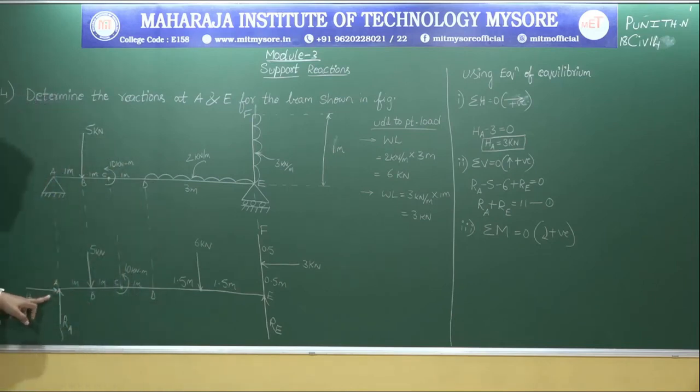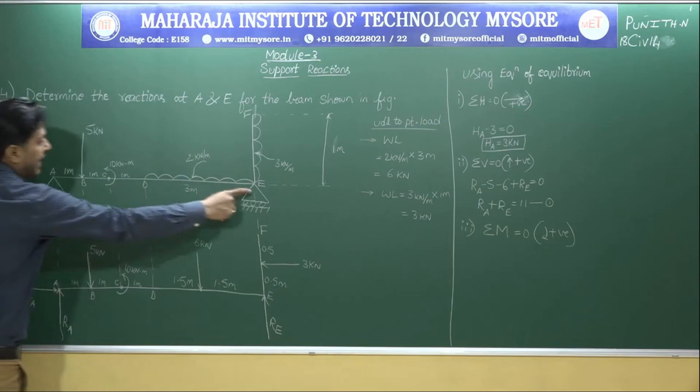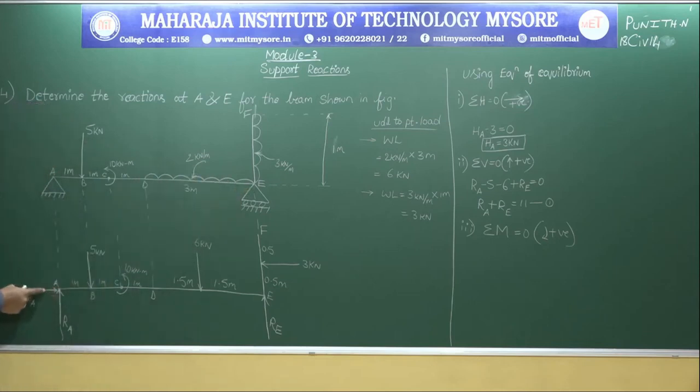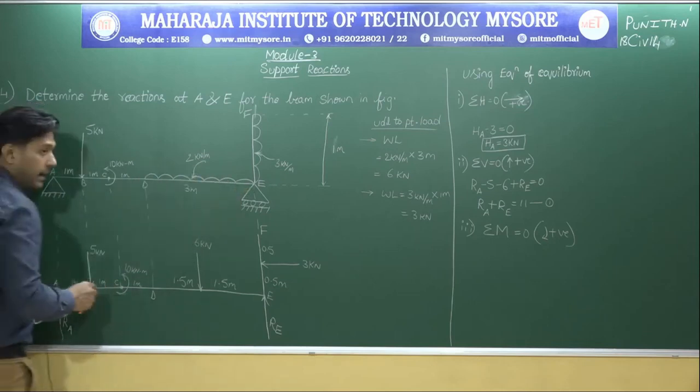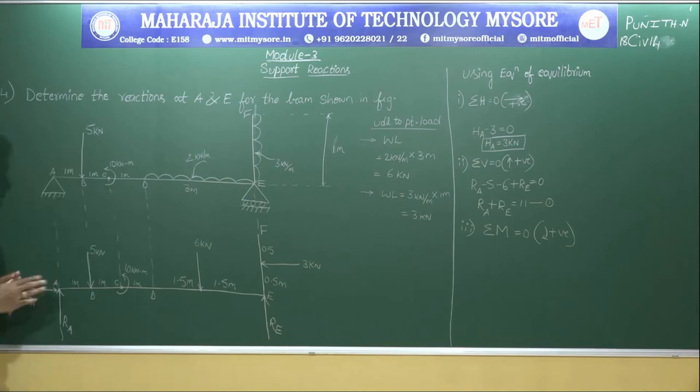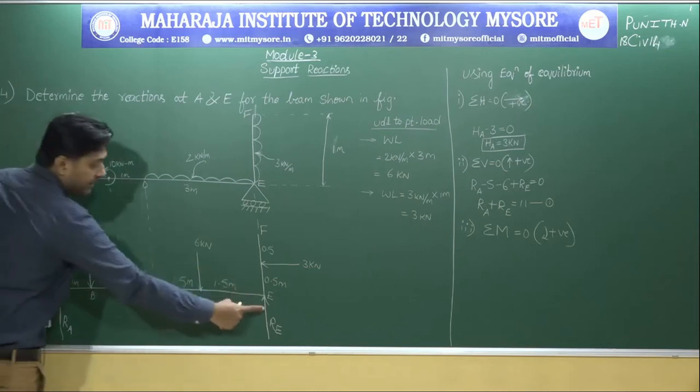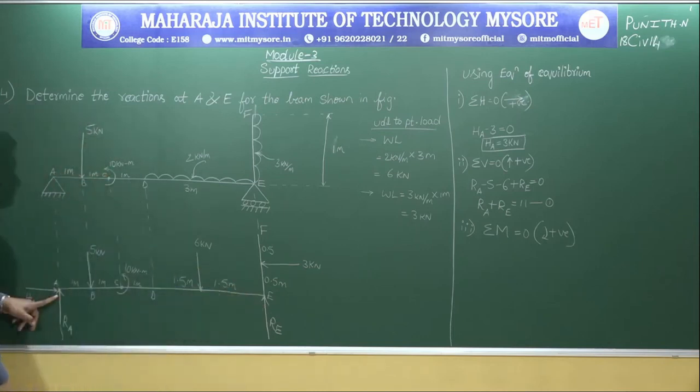As per the diagram, there are only 2 supports, A and E. At A you have 2 unknowns, and HA I have just calculated, but still where you have more number of forces, take the moment about that point, because that will become 0 when you take the moment. So I will take the moment about point A, because at point E you have only one force. Now let me take the moment about this point.